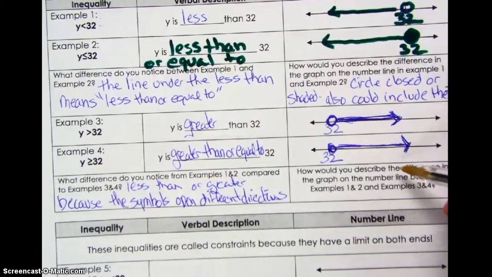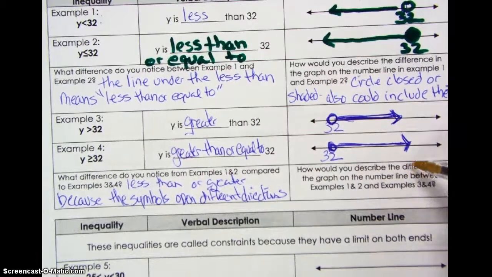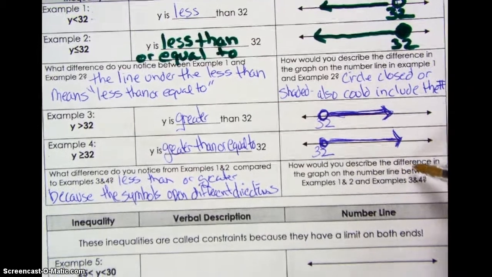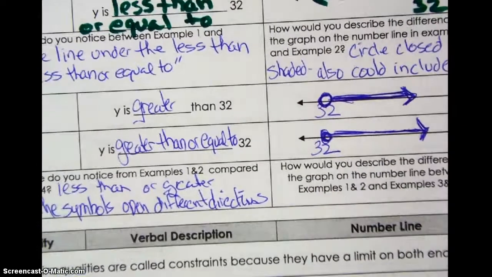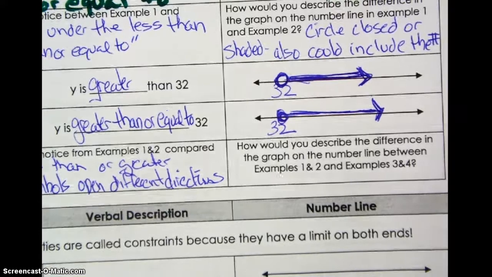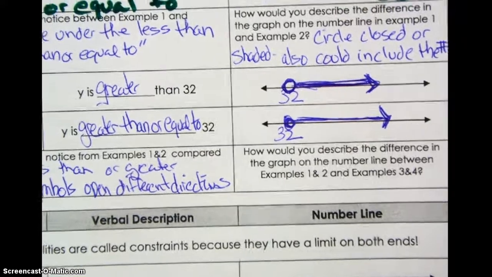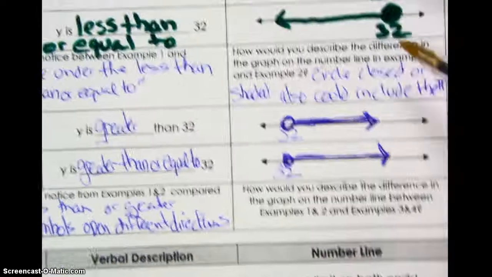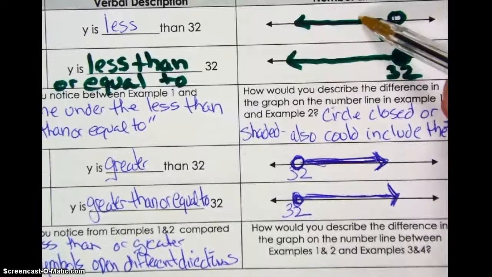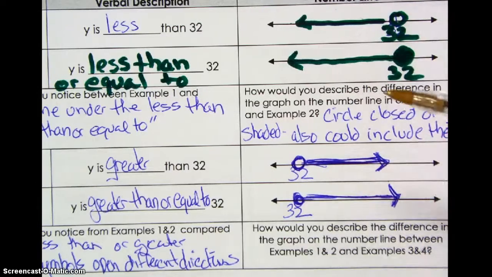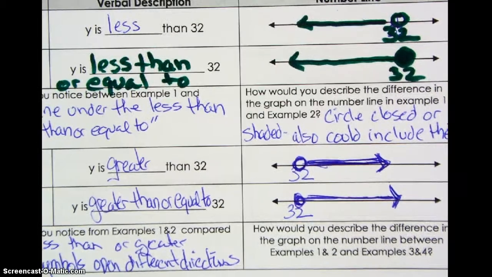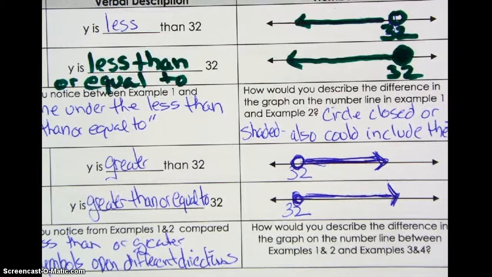Over here it says, how would you describe the difference in the graph on the number line between example 1 and 2 and example 3 and 4? So what's the difference between these two and these two? Just real simply put, here in the front. One's greater and one's less, but how does that reflect on the number line?